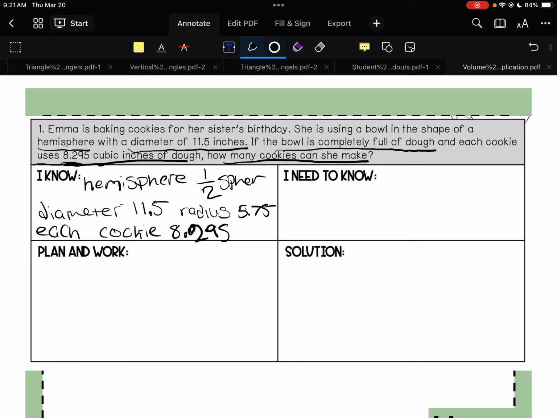Well, we need to know how many cookies she can make. But how do we find how many cookies she can make? We first need to know the volume of the hemisphere.